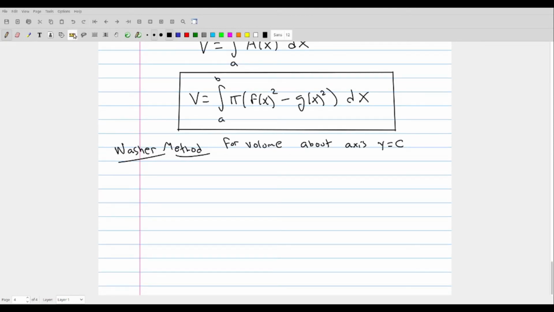Well, you can go through and draw a picture just like we did before. It shows when you take your functions, say f of x and g of x, and instead of rotating them around the x-axis, you rotate them around some new axis. Say the new axis corresponds up here to, say, y equals c.